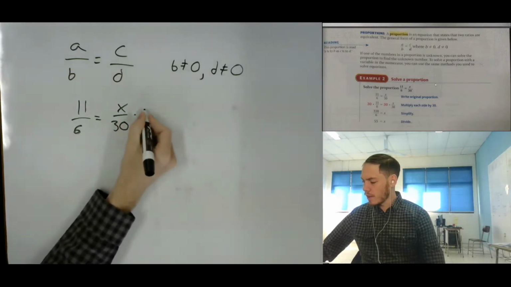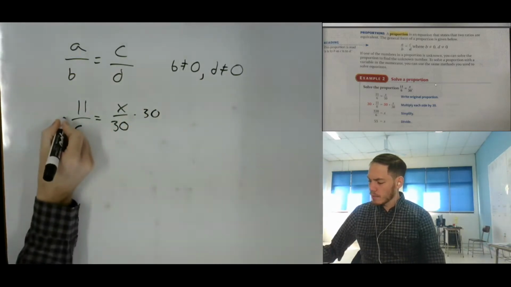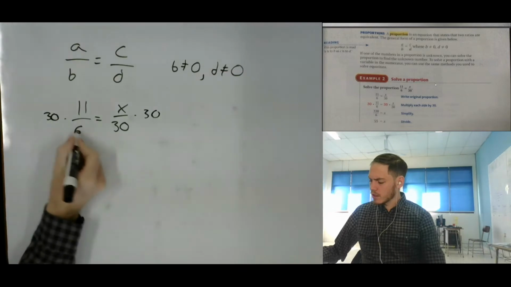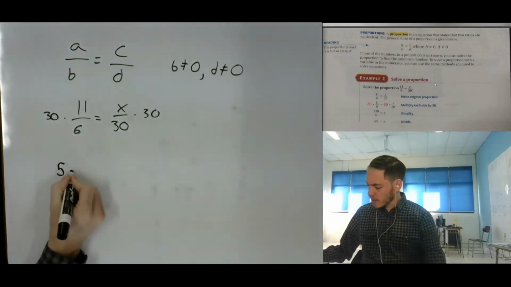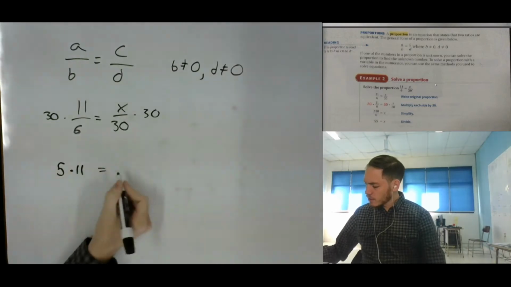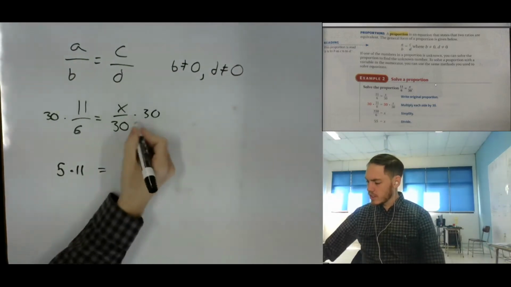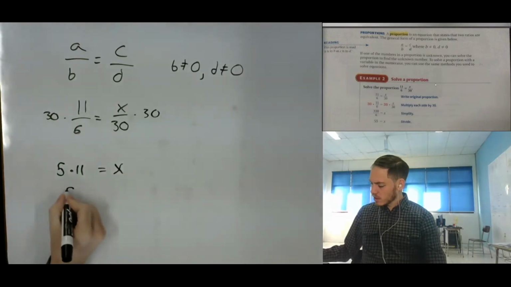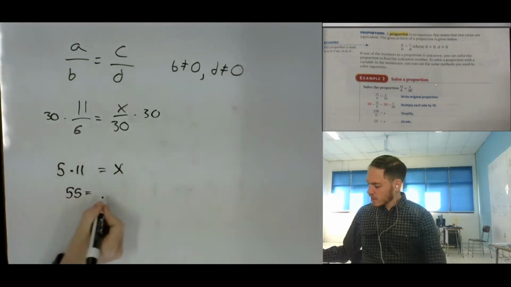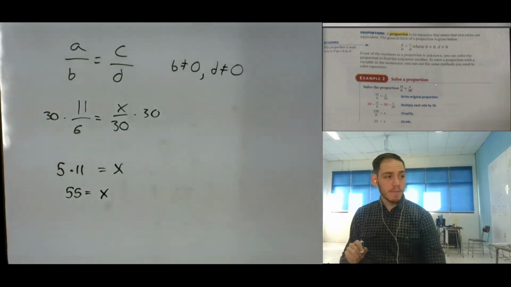So we multiply both sides by 30. 30 divided by 6 gives us 5, so 5 times 11 equals, and 30 divided by 30 gives us just 1, so we get x. So we get 55 equals x, okay?